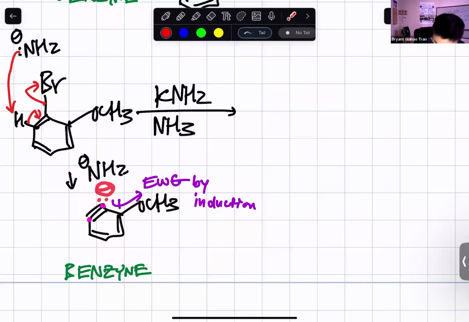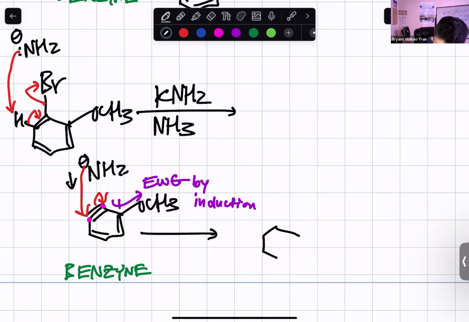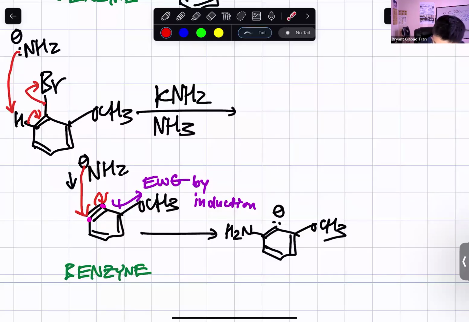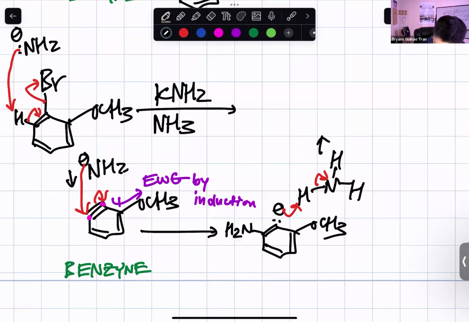So we have to attack the other side with the nucleophile to get to the more stable intermediate, where this negative charge is stabilized by that EWG by induction. And the final step is to protonate and neutralize the negative charge carbon to get to the final answer here.